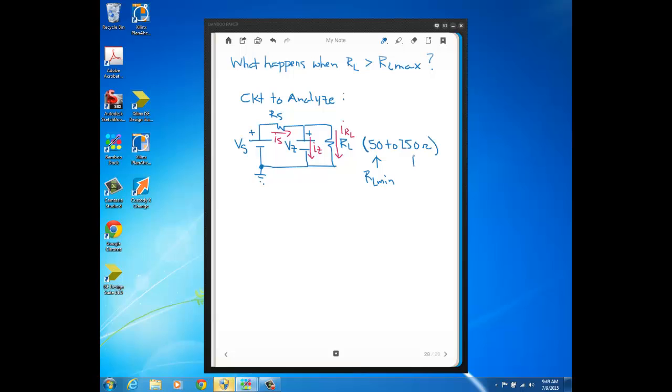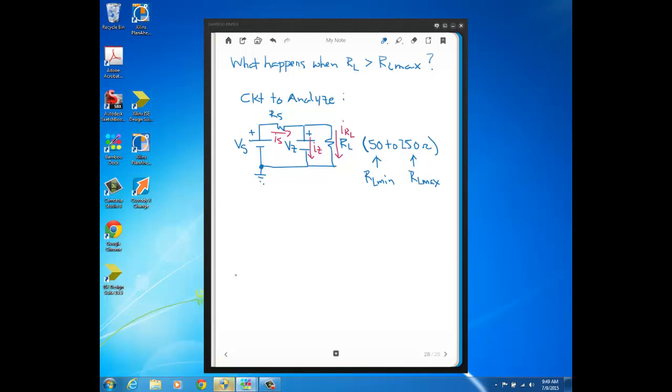Well, now we're going to look at what happens when the load resistance is greater than the maximum RL in the specified range? So in this particular example, what happens when the load resistance is more than this 250 ohms? Now this is the circuit that we're going to analyze, and notice that the Zener diode is represented as a voltage source of VZ.